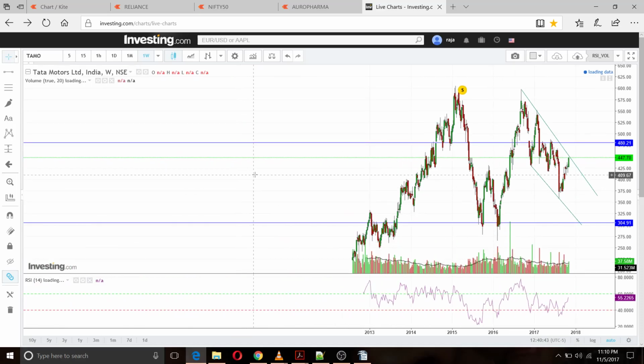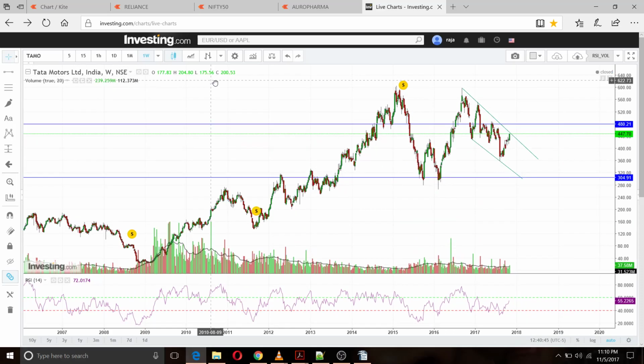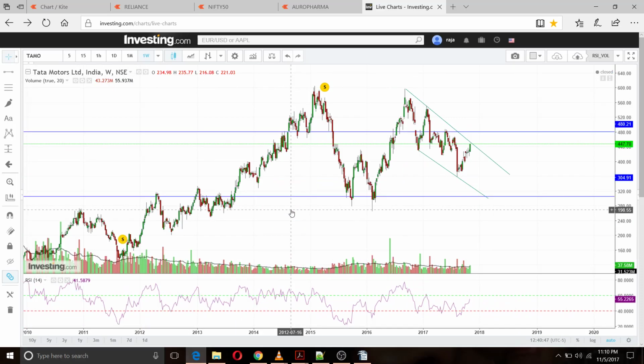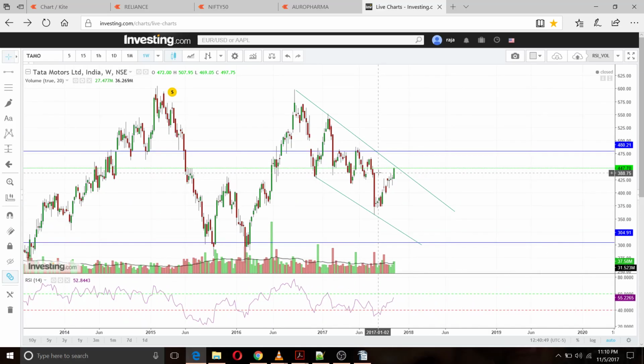So on the weekly time frame, after this fall it again started to go up, and if you see the RSI level here, at this level or at this level or at this level, let me draw a trend line here.